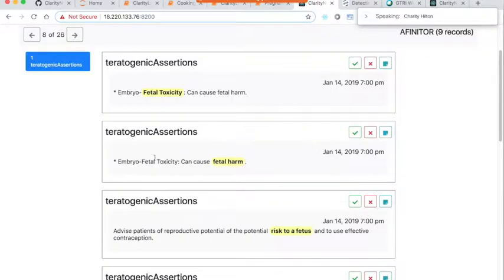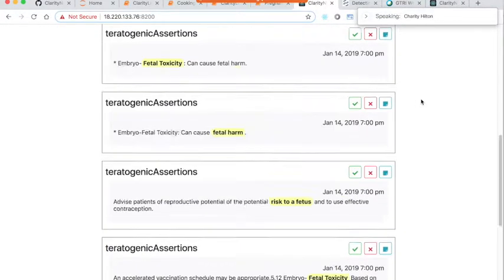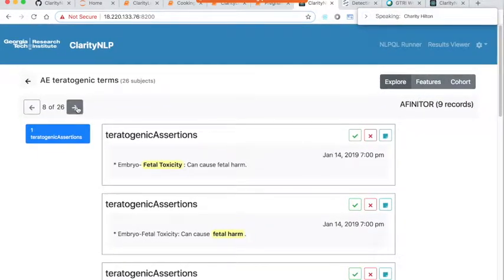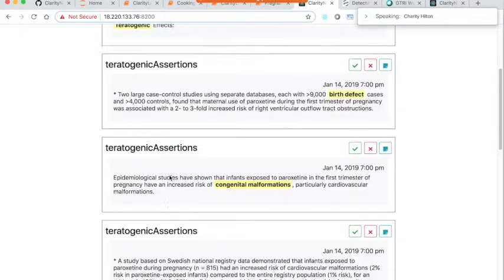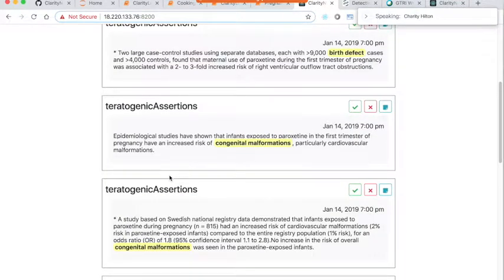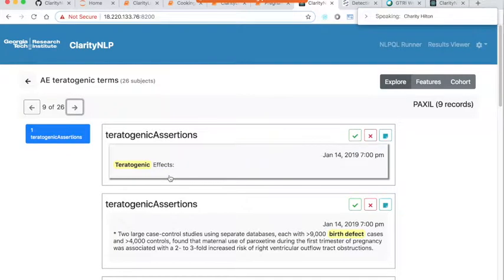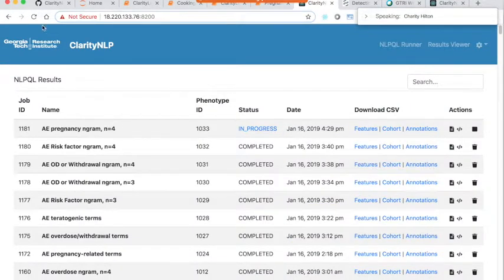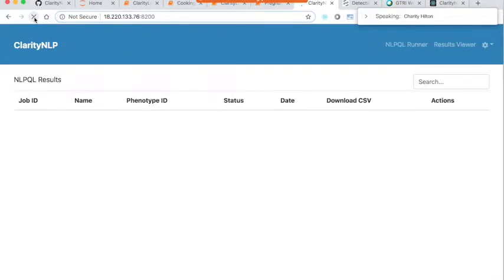A lot of things we see, fetal harm, fetal toxicity. These are all things I just found through exploration and doing n-grams in Clarity. So I just wanted to show those patterns, and you can see the same kind of thing running through ClarityNLP. So let's see if this is done. It shouldn't take too long.